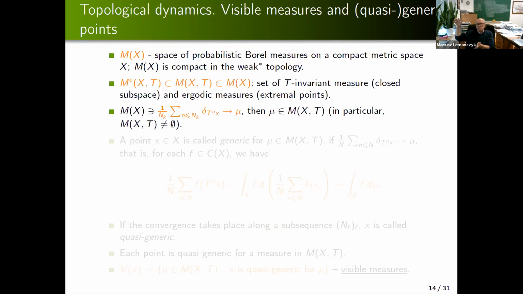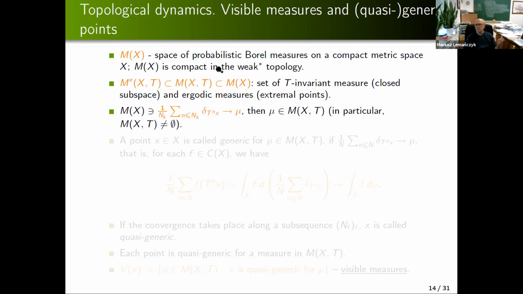This empiric measure is, in general, not invariant, but its push forward is almost the same as the starting empiric measure. So you can guess that when I pass to the limit, I will obtain an object which must be T invariant. In other words, we proved that there are always T invariant measures.